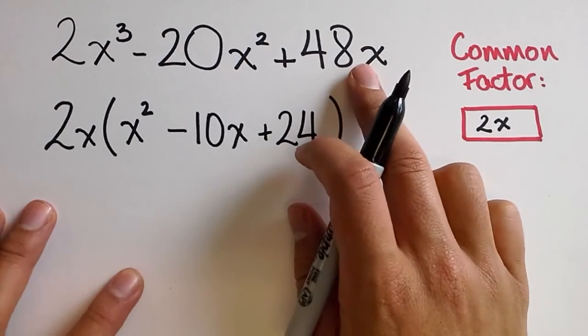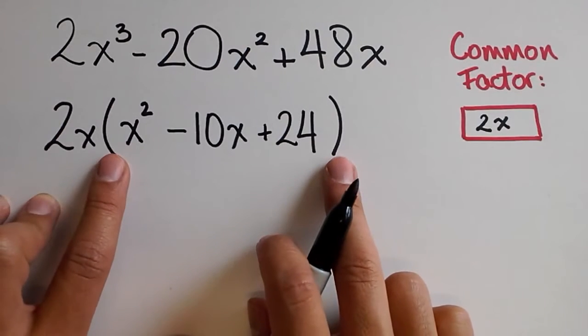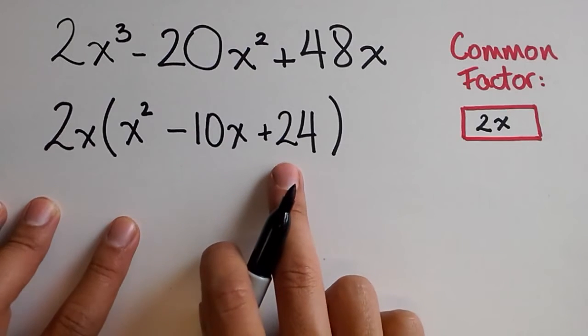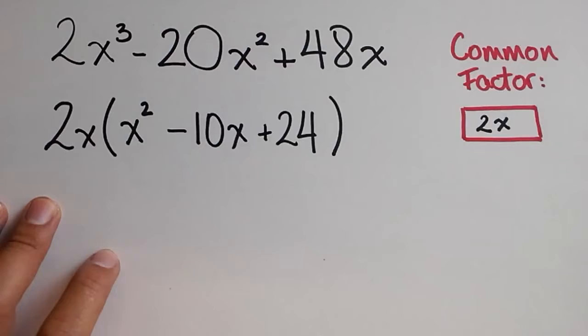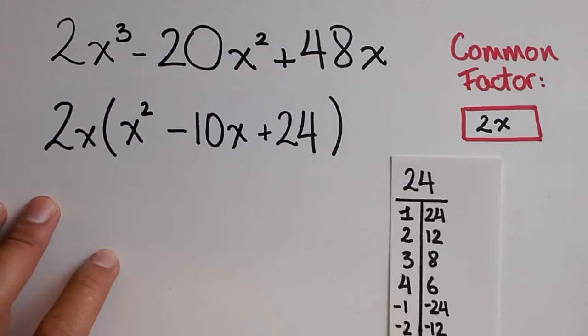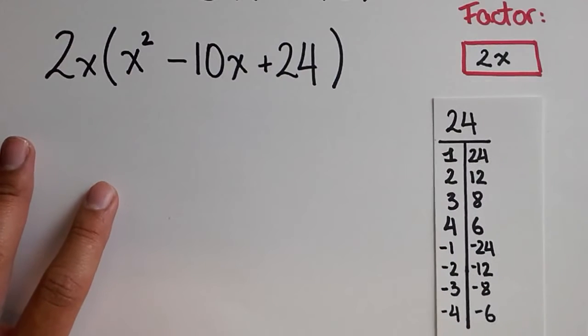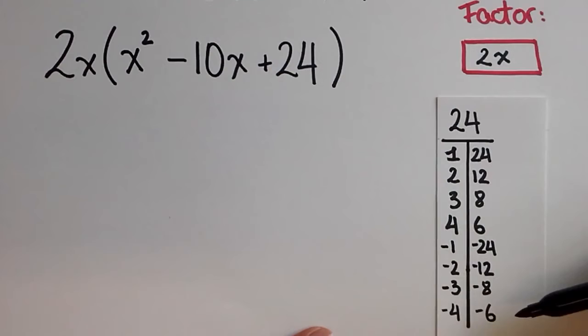Now, back again here, we want to factor this quadratic expression. For that, we need to look for all the factors of 24. Just remember that as you have a negative number in here, you need to consider positive and negative factors. So check out this small table that I have right here. We have all the factors of 24.